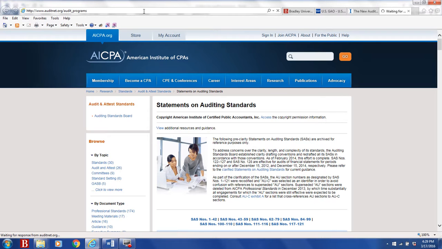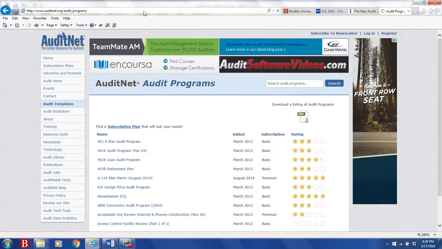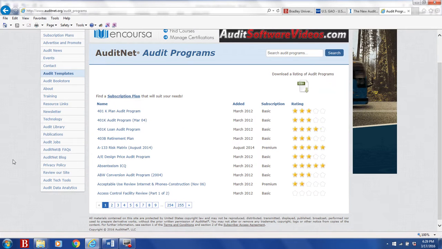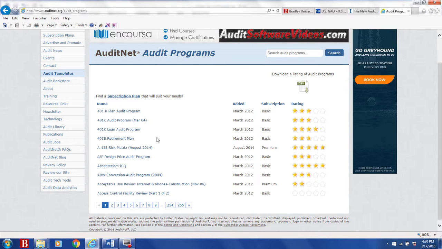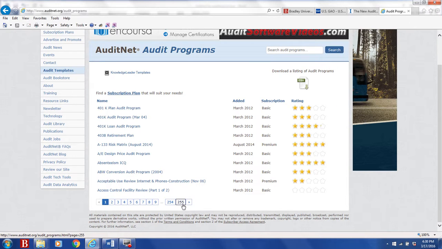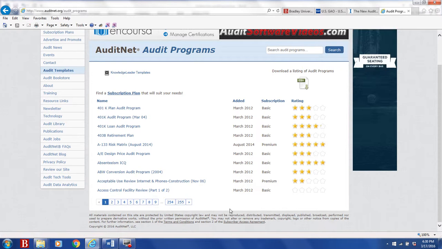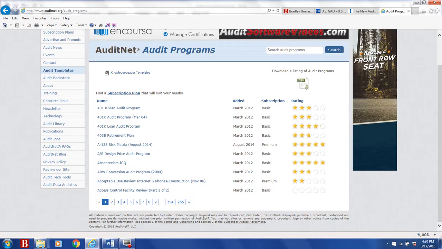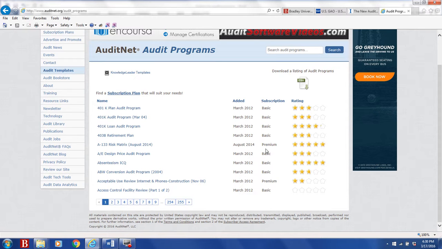It's actually run by a guy who started this as a hobby and then turned it into a business. You see the menu on the left. There's a lot of things this person provides, but on this page I can see he's got 255 pages of audit programs. If you wanted to have an idea of how something is audited, you could go and look things up here. The basic ones are free. The premium ones are available if you want to become a subscriber.